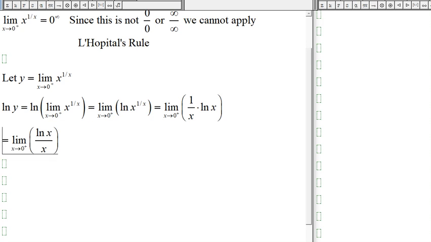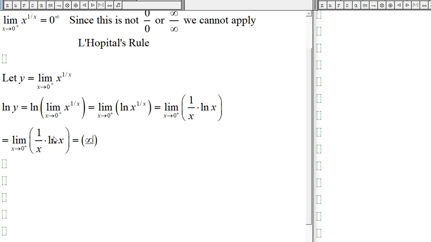For this particular problem, let's go ahead and rewrite it like this so that we can get our limit. And this is the limit of a product, a product of limits. Notice right here, as x gets smaller and smaller, 1 divided by x will approach positive infinity.